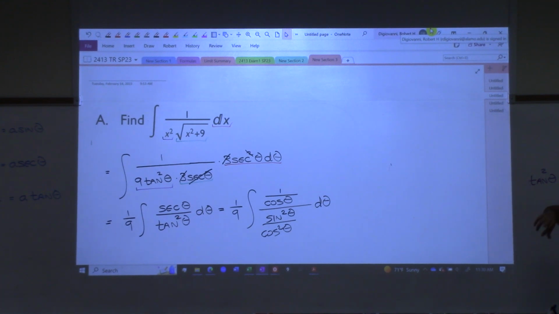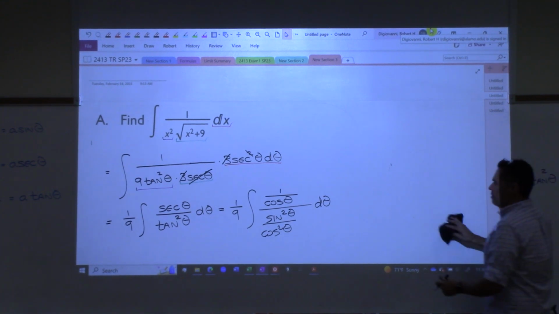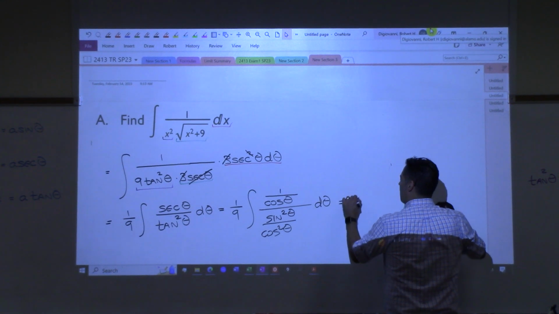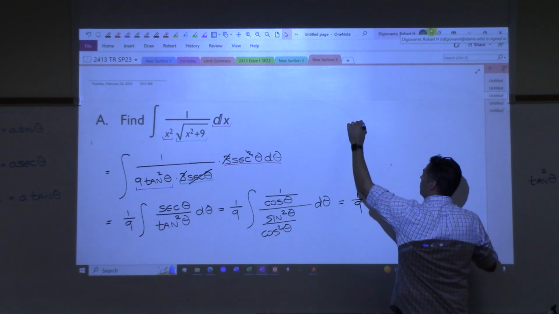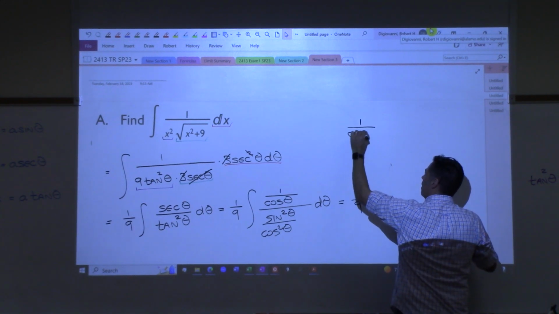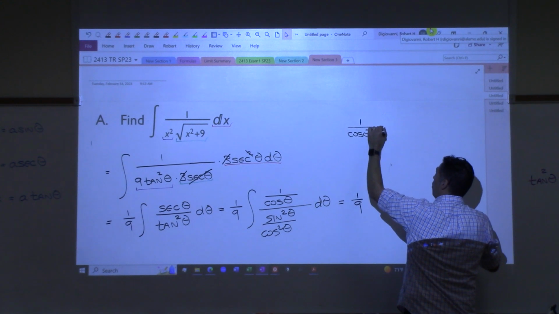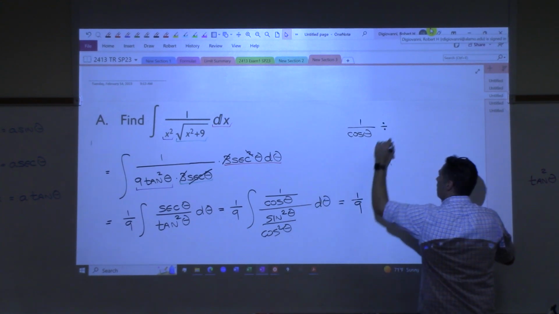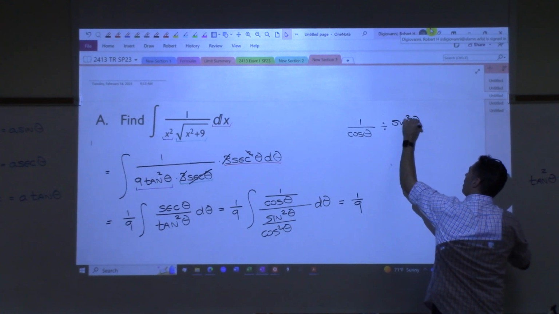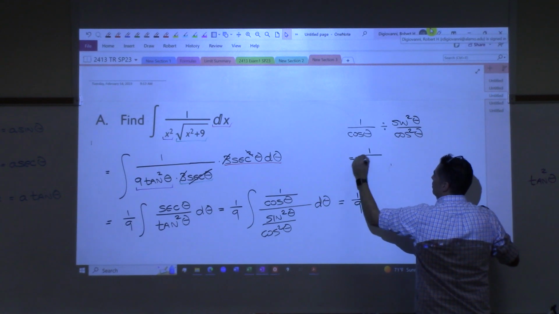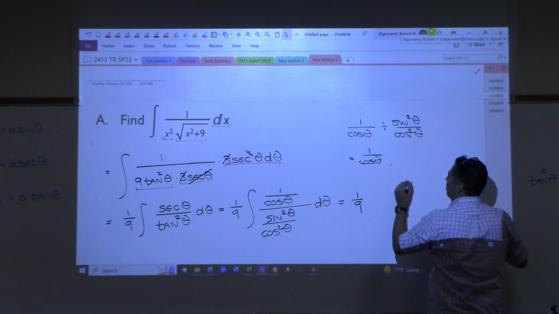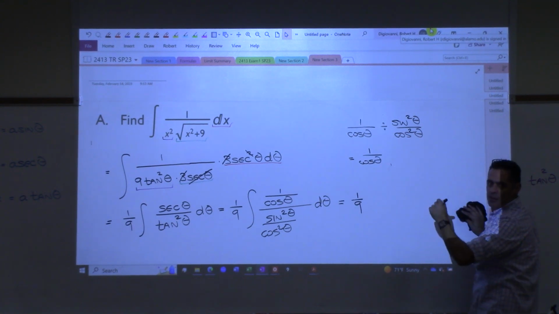And now I'm going to do that thing where you flip the fraction up. I know it's basic algebra, but let me go back to old school notation. If you take 1 over cosine theta and divide that by sine squared theta over cosine squared theta, that is the same as, and this is what you have to remember from old school algebra, division is the same as multiplication of the reciprocal.